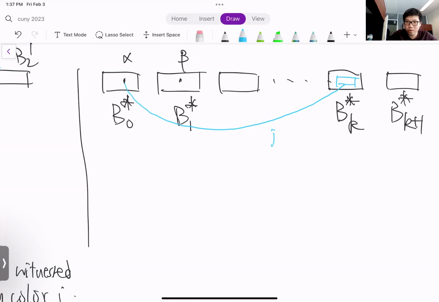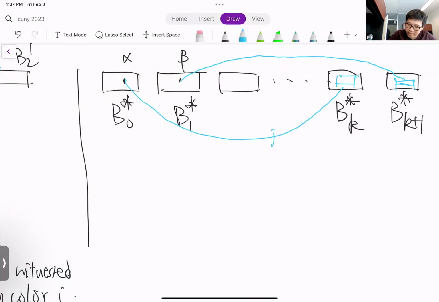This is what I make sure. And it's actually saying this for all the k that's greater than the block alpha is in. And the same thing for beta in the next block, right?